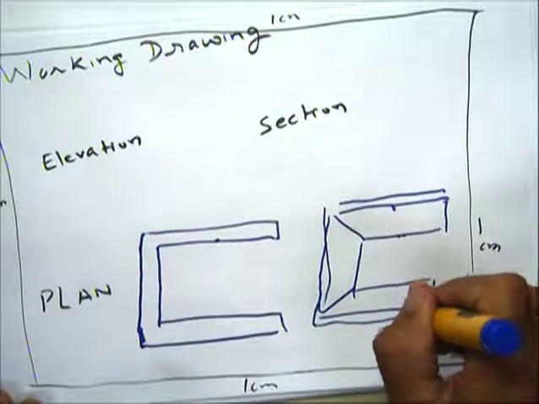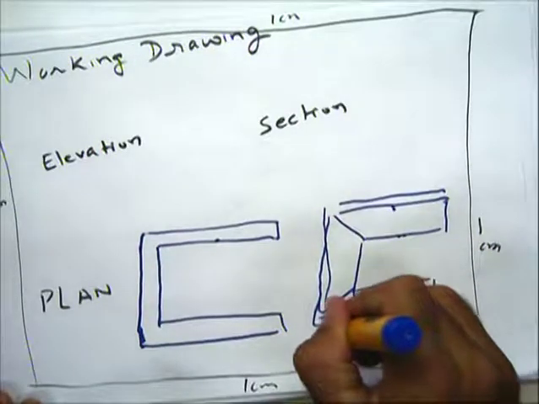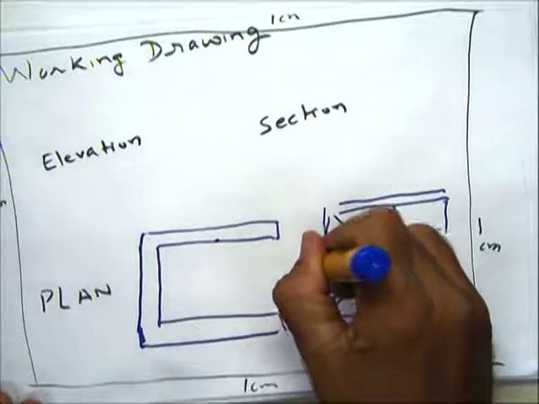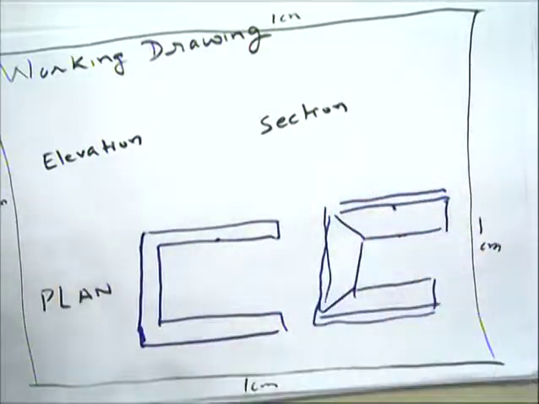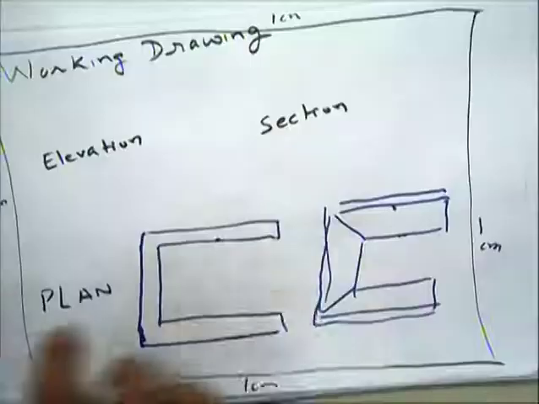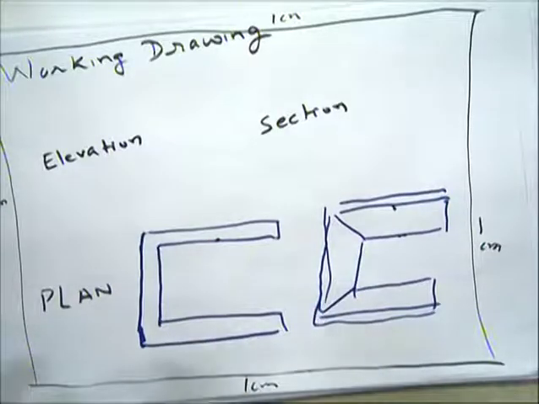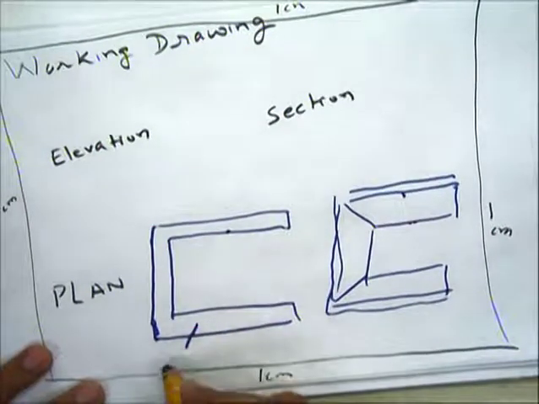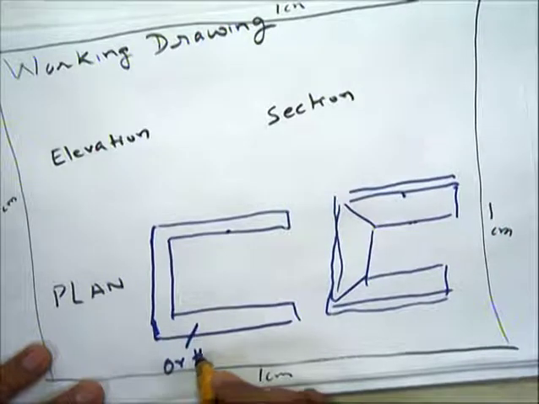We are moving our eye over each and every point of the line. A line will be there because of the change in the plane surface. There will be surfaces making the corners, and each and every corner will give us a line. So we have to draw the orthographic drawings.